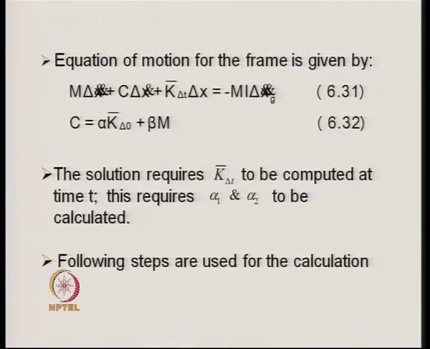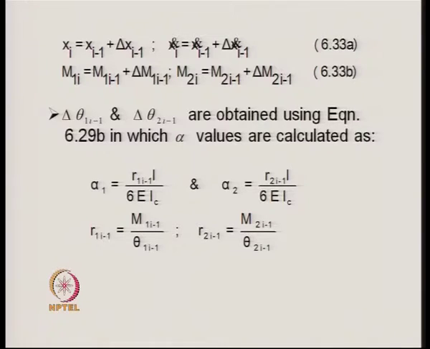the further calculation. The solution requires k bar delta t to be computed at every instant of time, and this requires alpha 1 and alpha 2 to be calculated. Now, we use the following steps for calculating the values of alpha 1 and alpha 2.